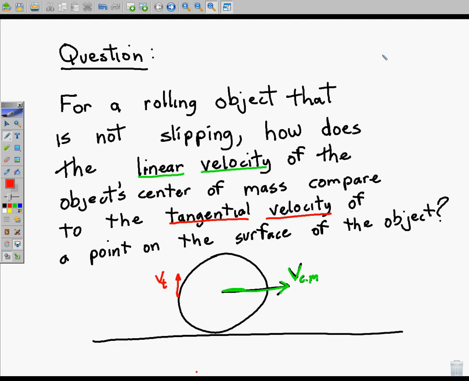Okay, so the question that we're considering today is how does the center of mass velocity of a rolling object, this velocity right here, compare to the tangential velocity of a point on the surface of the rolling object, this velocity right here.